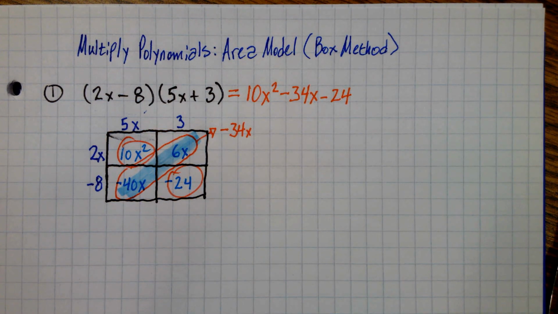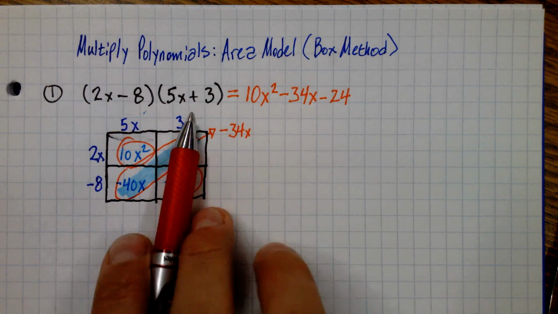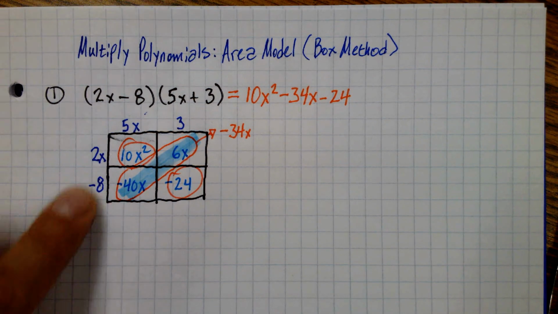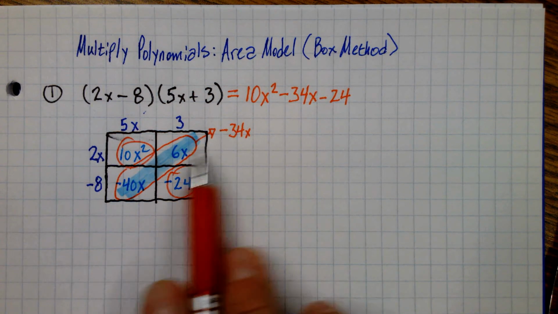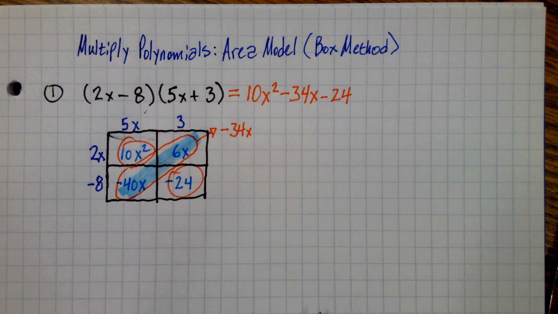And the other advantage is, as long as I put these in standard form, when I get my answer, it's also going to be in standard form. Okay? Any questions? All right.